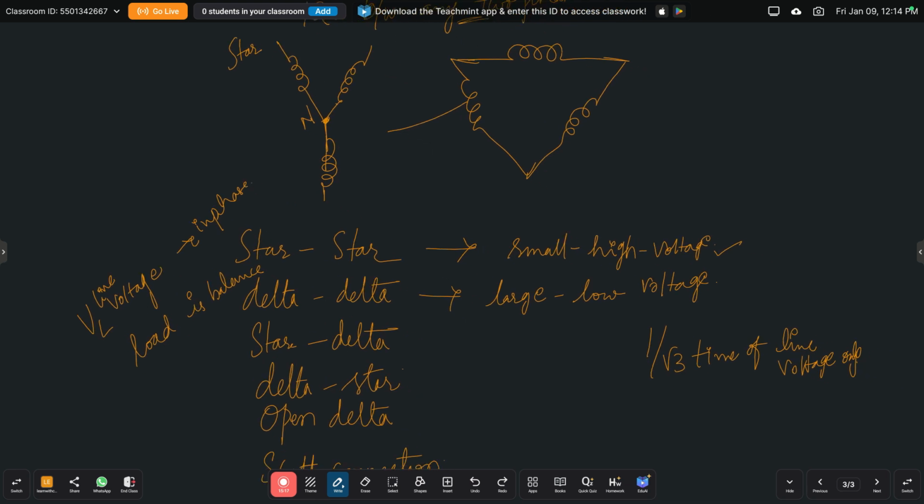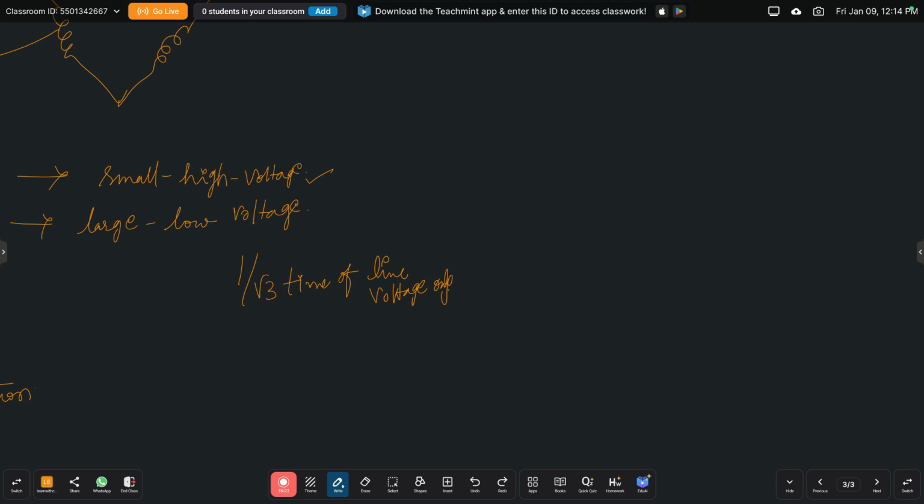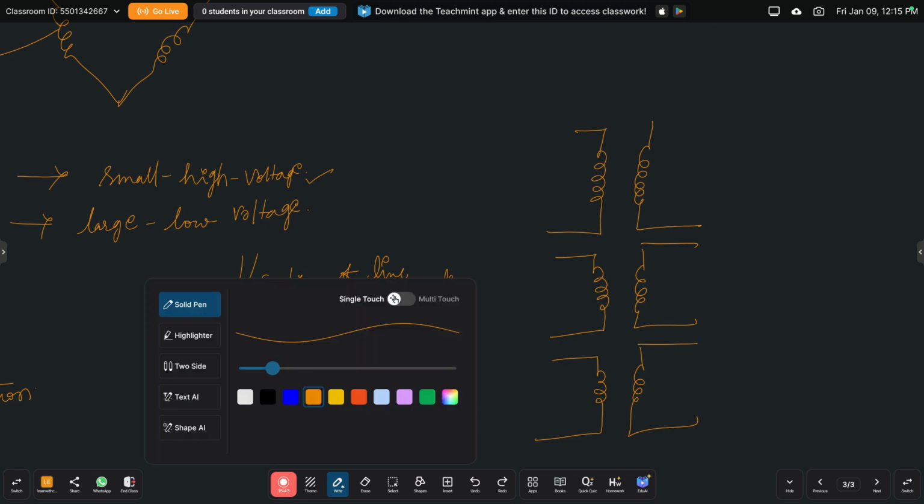So now I want to draw the star to star connection here. Basically we have three individual windings on the primary side as well as the secondary side.